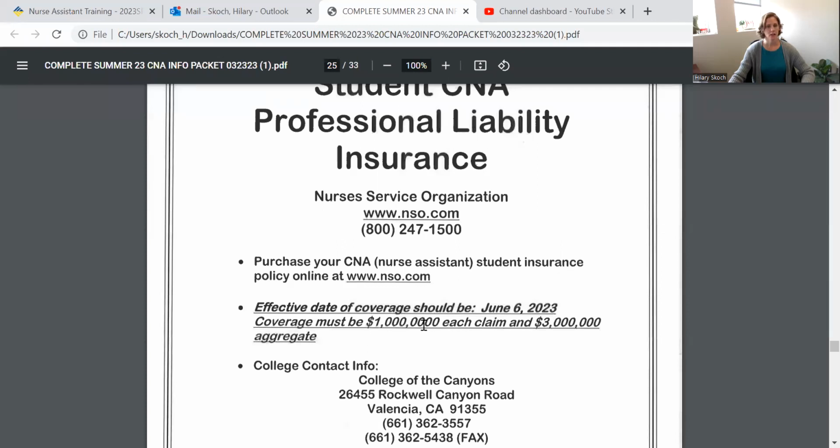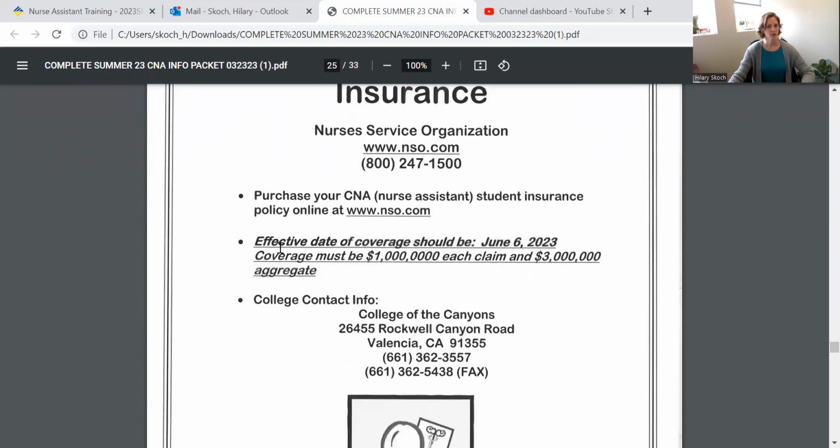And you will elect the coverage date. Again, this date will be different from your packet in front of you. Whatever is applicable to the start date of your class, that's the effective date of coverage. That's when it begins. And it has to be $1 million each claim and $3 million aggregate.